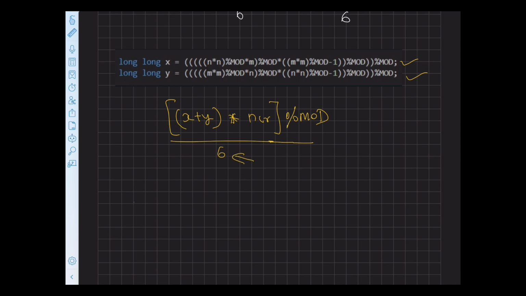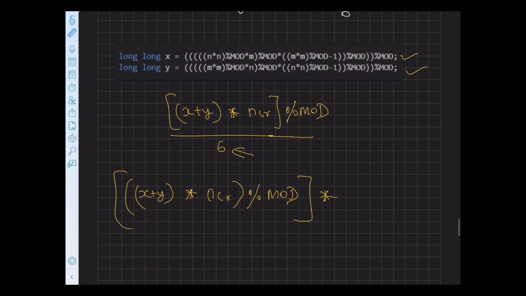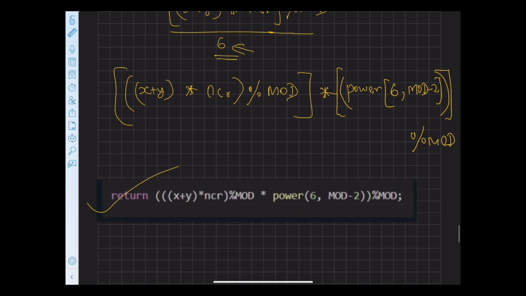So we need to return x plus y multiplied with NCR value, we take its mod and then we multiply it with the inverse modulo of 6. What will be the inverse modulo of 6? It would be 6 raised to the power of mod minus 2, right? And we again take the mod of all of the answer. So we finally return this.